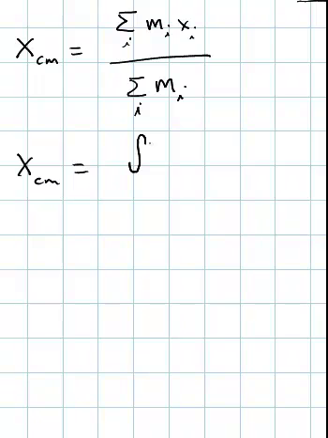It's a summation of each little piece multiplied by its position, and we're going to divide that by a summation of each little chunk.